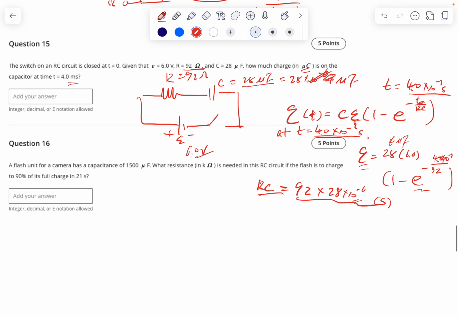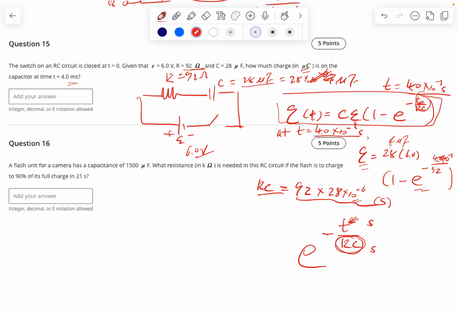Key point here is in this equation, the top is negative t and the bottom is RC. Top is in units of seconds, so the bottom you have to make in units of seconds so that they cancel. So this is e to the power of this. You have to make them the same unit so that they cancel. Then this whole thing becomes dimensionless.